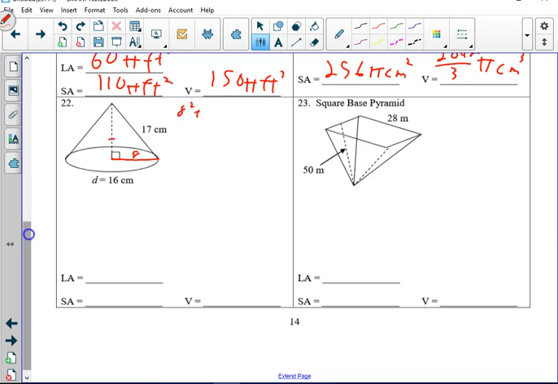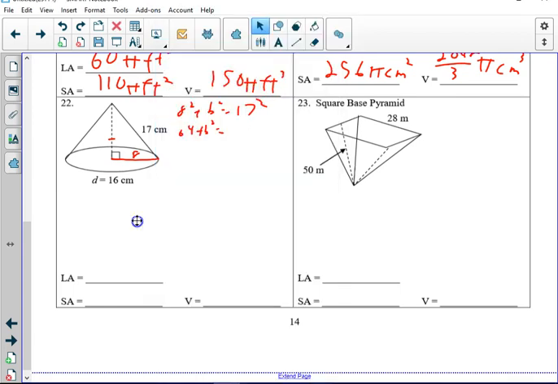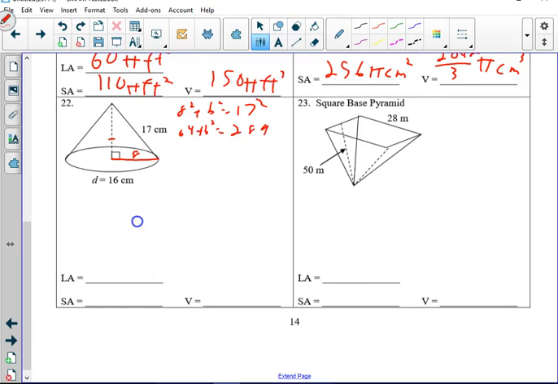So 8 squared plus b squared equals 17 squared. 64 plus b squared equals, brain not working, 17 squared, 289. So b squared equals 289 minus 64, 225. B is 15.